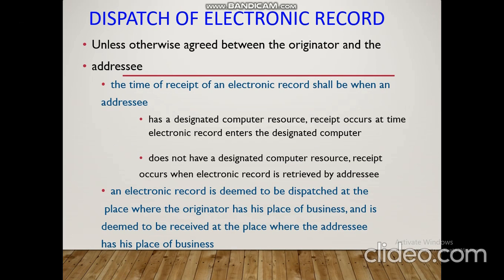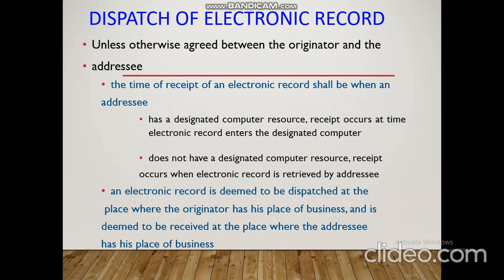So let us see how the dispatch of an electronic record should be. Unless otherwise agreed between the originator and the addressee, the originator is the person who is going to send the message and the addressee is the person who is going to receive the message. The time of receipt of the electronic record shall be when an addressee has designated a computer resource, receipt occurs at the time the electronic record enters the designated computer.